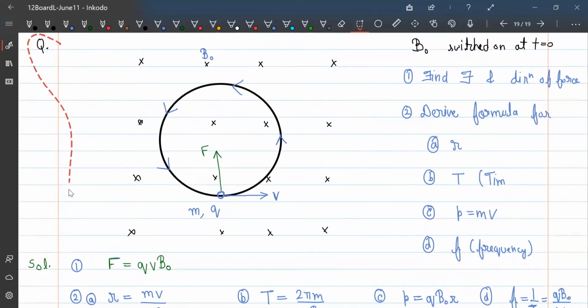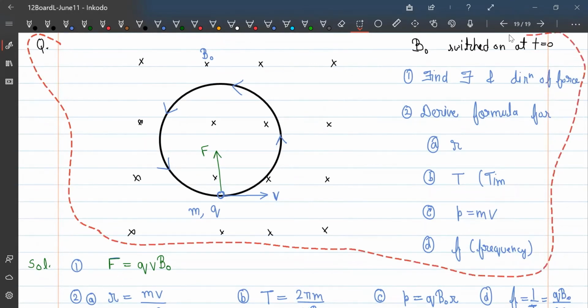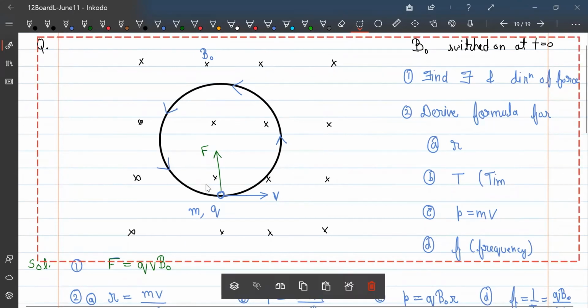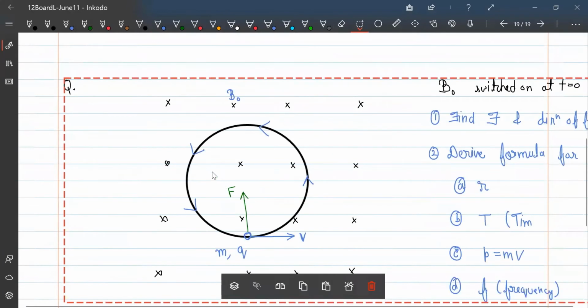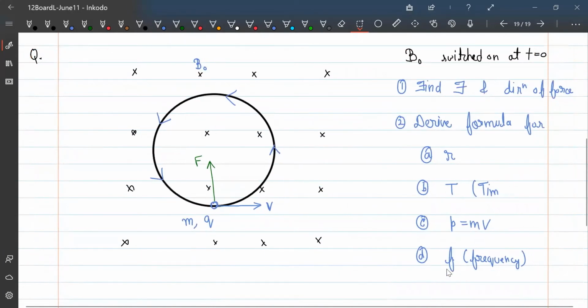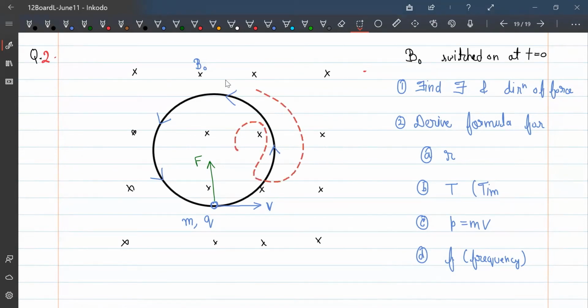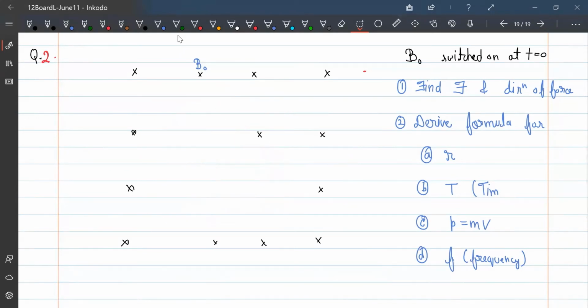Now we have exactly the same system, with a little modification. In question 2, you have the magnetic field in the downward direction, same thing.